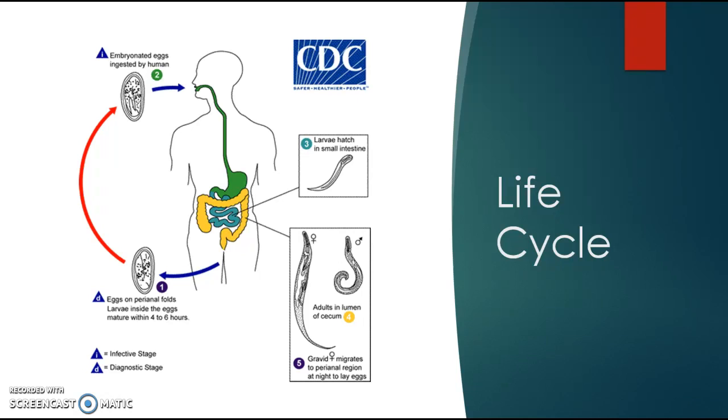The male typically dies after reproduction, and then the female moves towards the rectum, and in the process of moving towards the rectum goes through all the processes of the intestine. And then here the female either dies and the eggs burst out, or she starts to crawl out the anus and lay eggs all around the anal region. And that's how the typical life cycle of the pinworms happens.